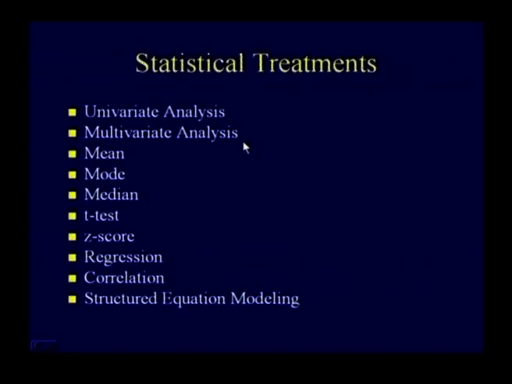In that case, you need to use multivariate analysis. What are the different things that we use in statistics? We calculate mean, we calculate mode, we calculate median, we do t-tests, we find out z-scores, we do regression. Regression is the projection that if the trend in the past follows, this will be the future result. We want to find out correlations between different variables. We might even go on to structural equation modeling.